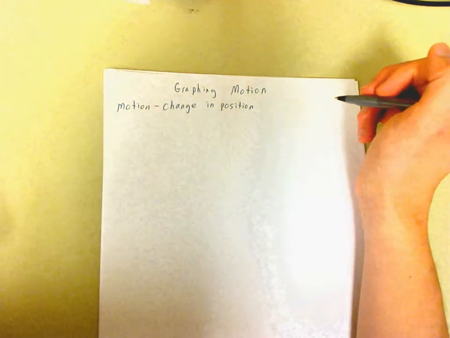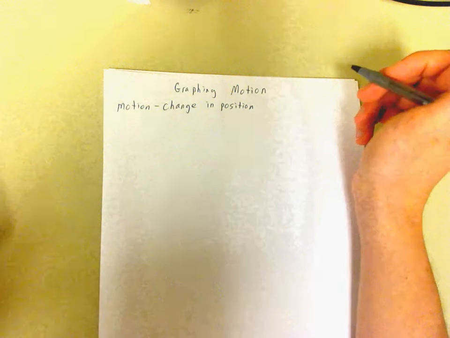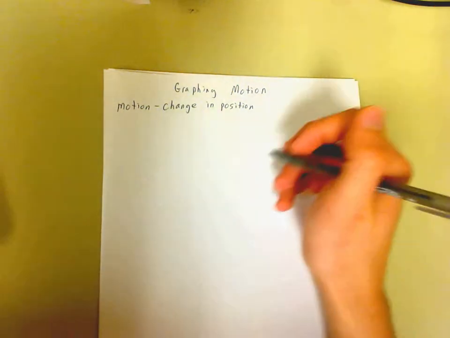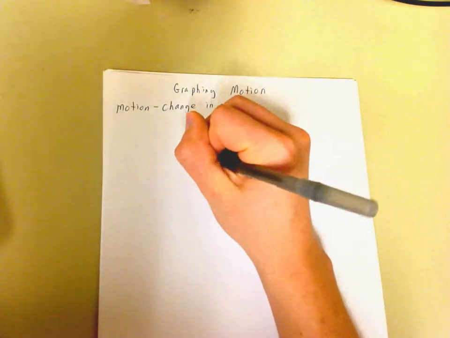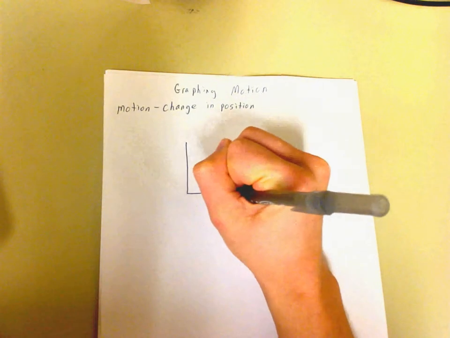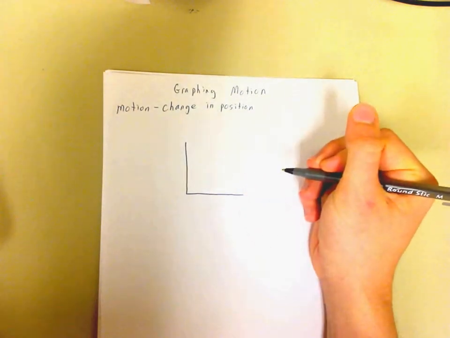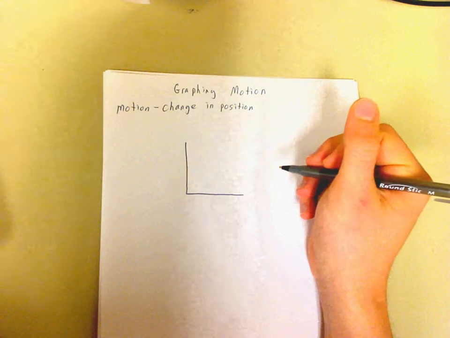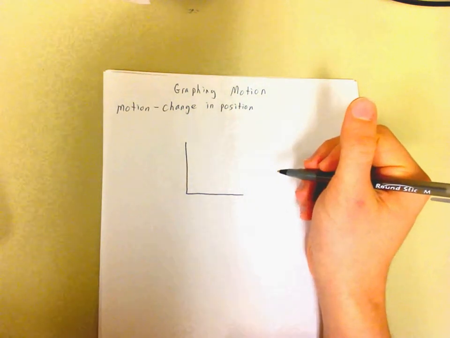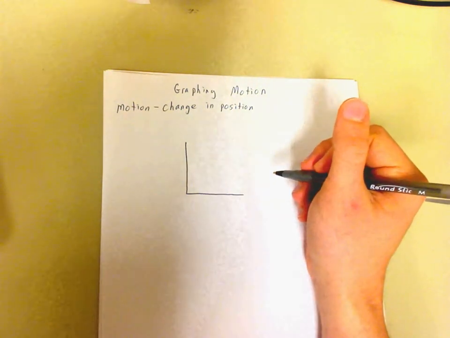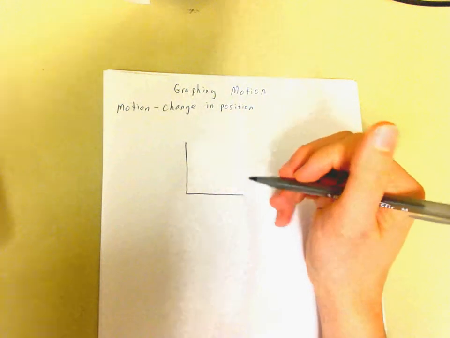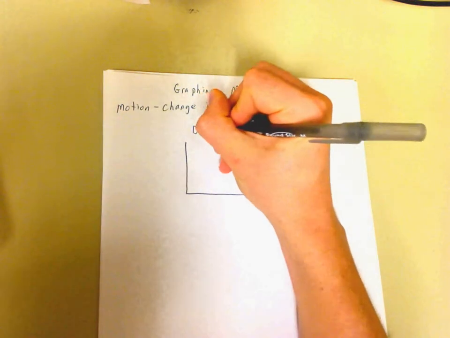Now, we want to graph motion. So if we're graphing motion, we tend to think about our regular graph. We're just going to deal in this one quadrant. Now, what goes on which axis? Well, this is a distance versus time graph.